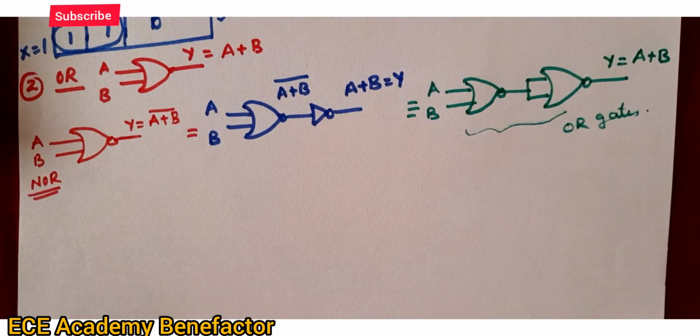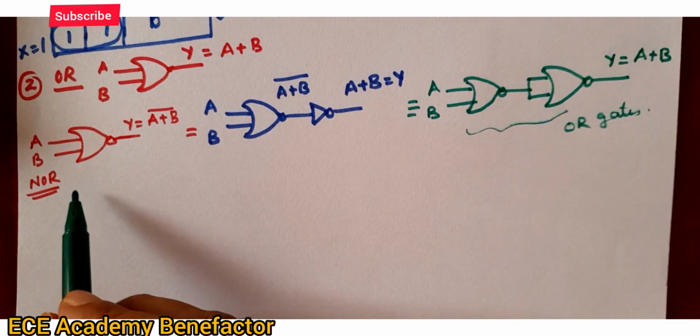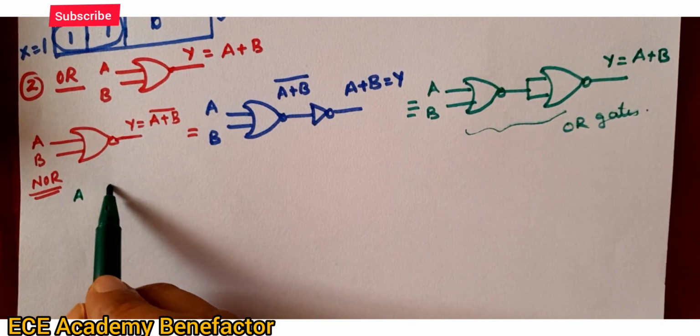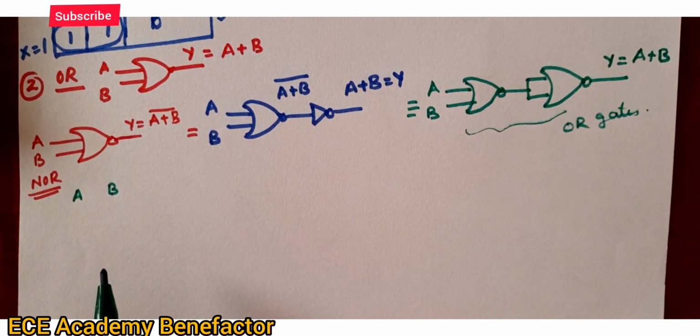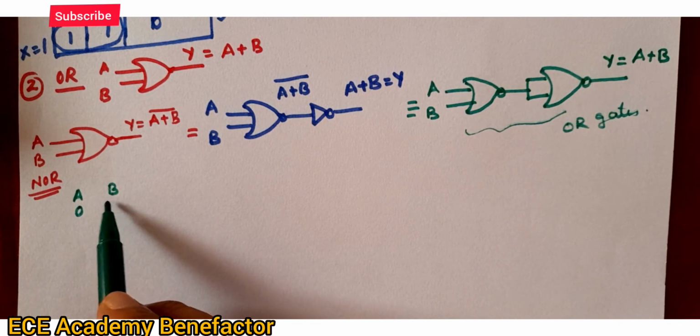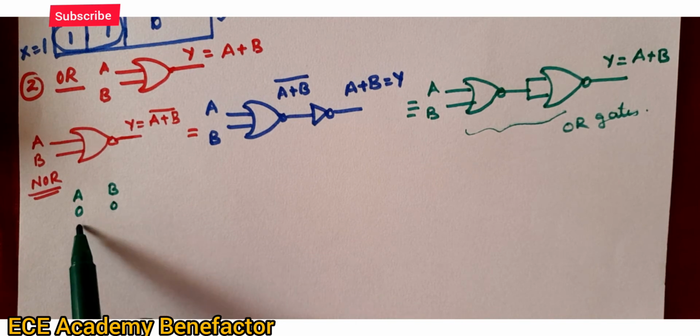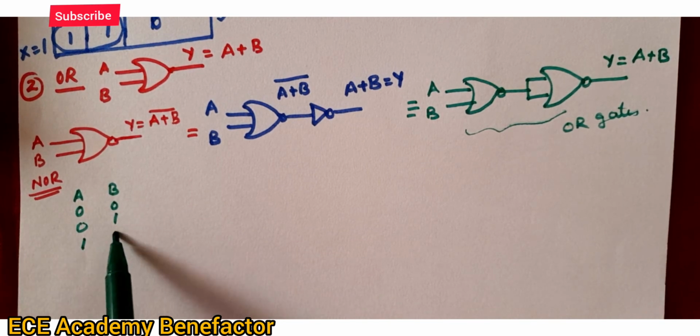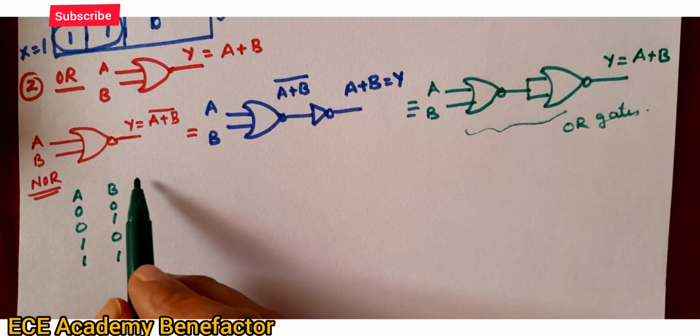So how can you prove it using a truth table? So inputs here are A and B. When you have two input variables, there are four possible combinations. They are 0 0, 0 1, 1 0, 1 1.